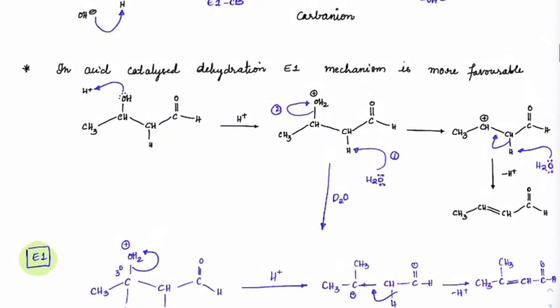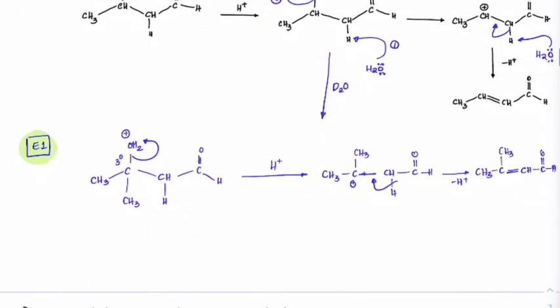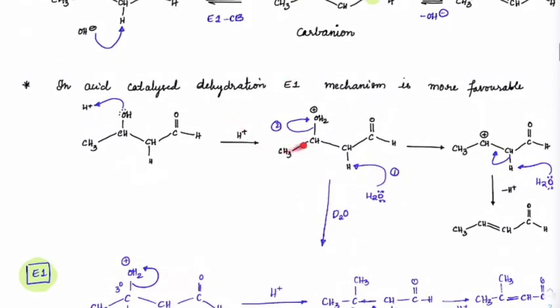But in the case of secondary or primary, it could be a combination of both E1 and E2. So you might be asked in these cases what the mechanism is. You can say that E1 is more favorable than either E1CB or E2, but we cannot say E2 is not happening.